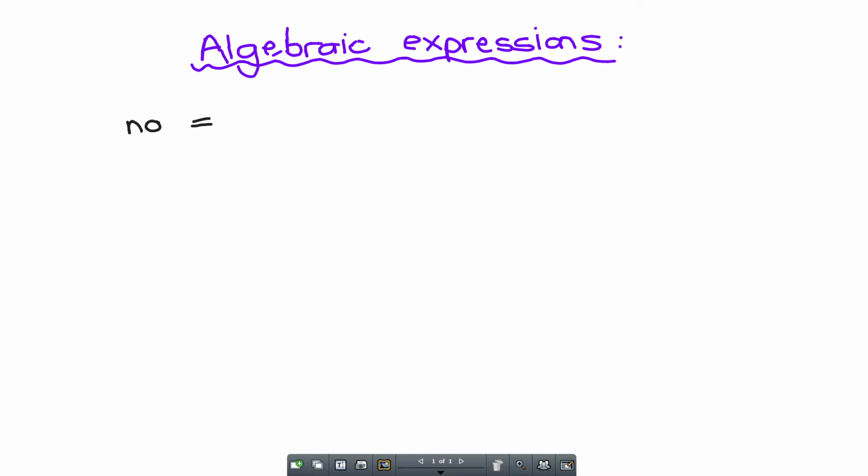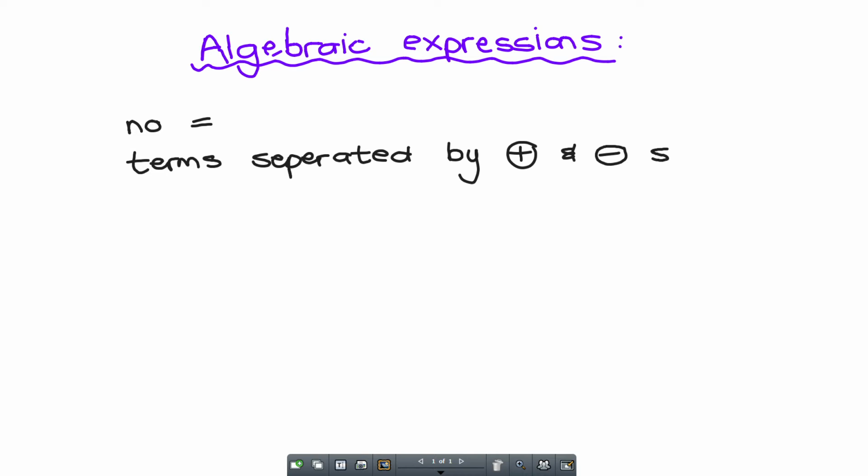Right, then, how are terms separated? Terms are separated by plus and minus signs.